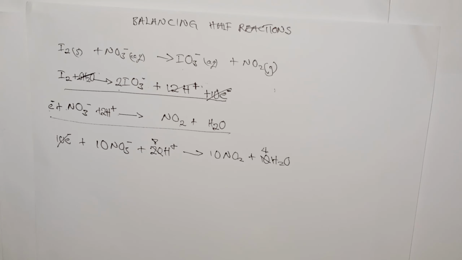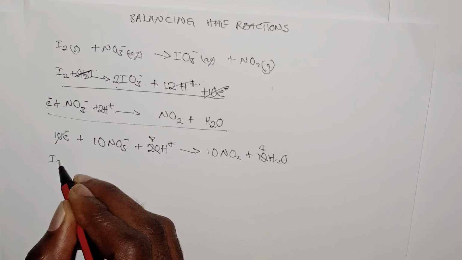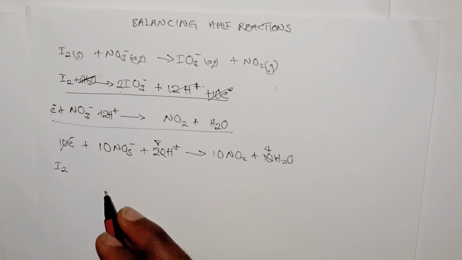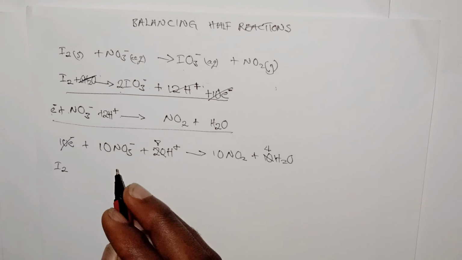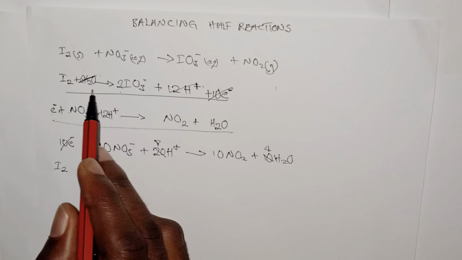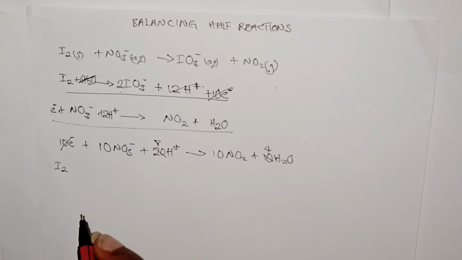So what we have to do is to write the things that are remaining, right? So let's say the iodine molecule is remaining on this side, right?